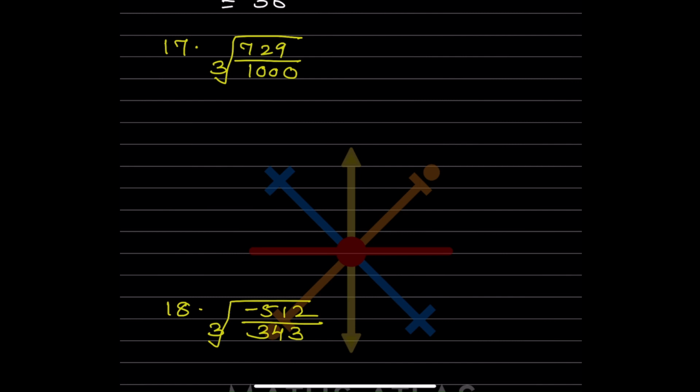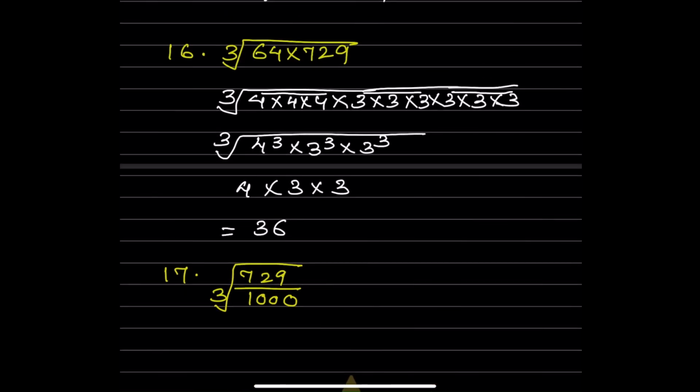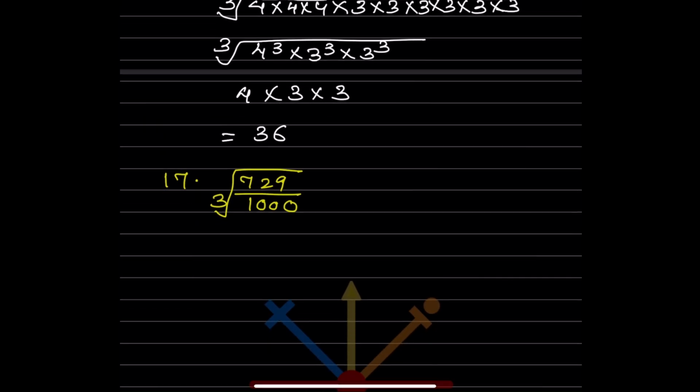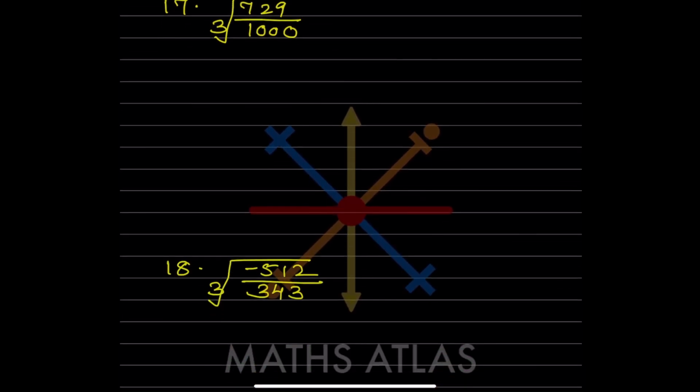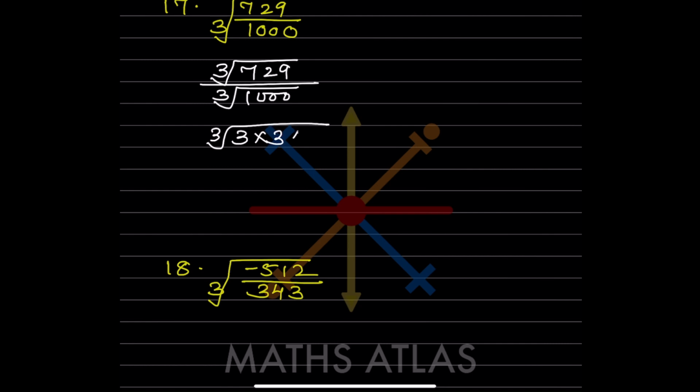So now here again 729 we have already seen, that is we have 6 3s. So we can write here directly. First we'll separate the numerator and the denominator because it is in fraction, and then we can write directly, that is we have 6 3s. We have already done for the previous one. And here we can do, because this is 10 into 10 into 10.